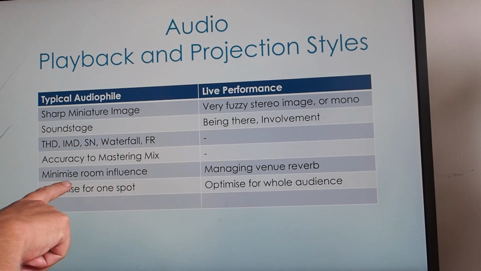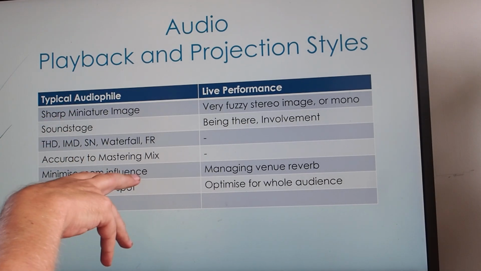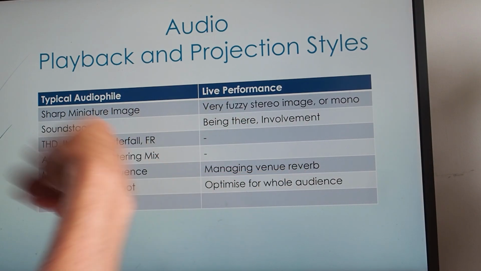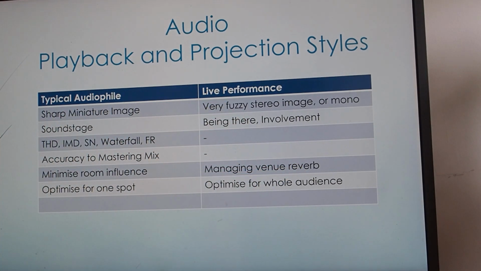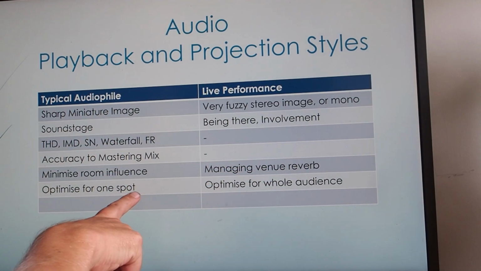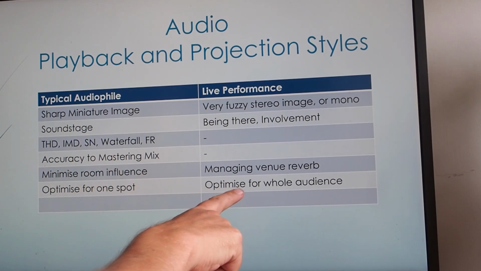But the typical audiophile wants to minimize room influence, so that improves the imaging. In a live performance, you see that they often have to manage the venue reverb, so that's very important, so you're not slammed by the reverb. The typical audiophile optimizes the listening experience for one spot. Not me, but lots of them do.